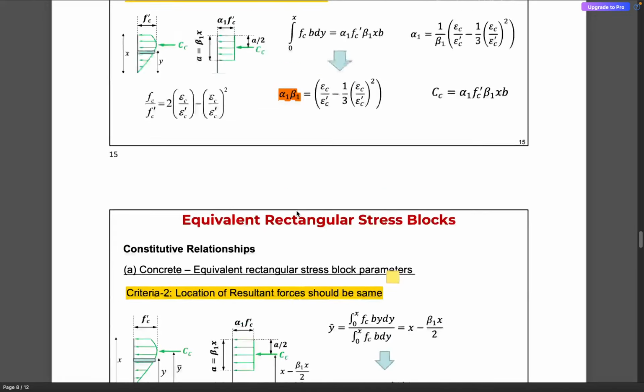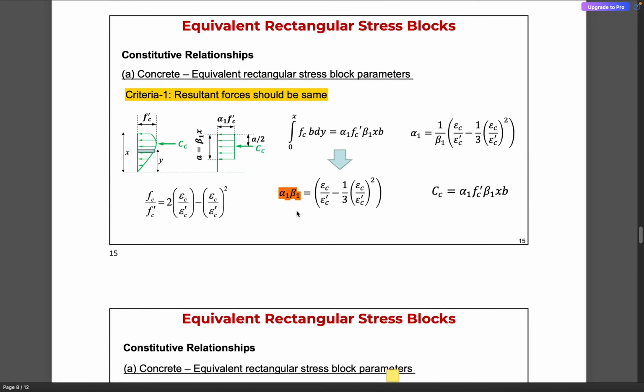So essentially there are two criteria. In order to transform this parabolic stress distribution into a rectangular stress distribution, we need to consider two criteria.